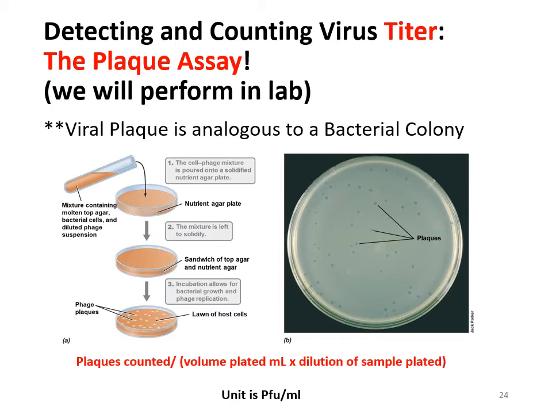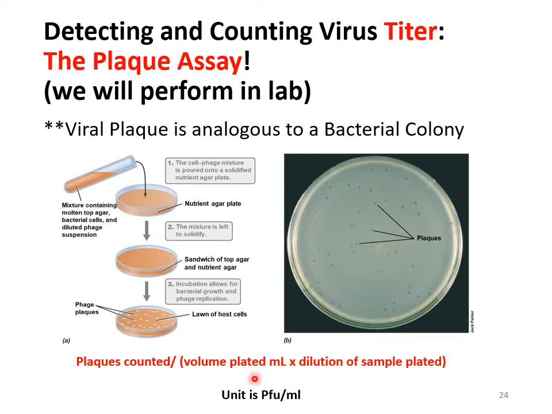Now notice that there is a formula on the bottom of how exactly you do the plaque assay, okay? And on the next slide, I'm going to demonstrate and have written out an example of using that formula, trying to see exactly how much virus you have infecting the bacteria in your sample.